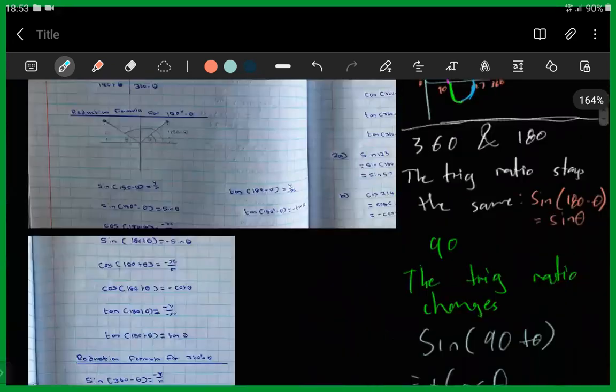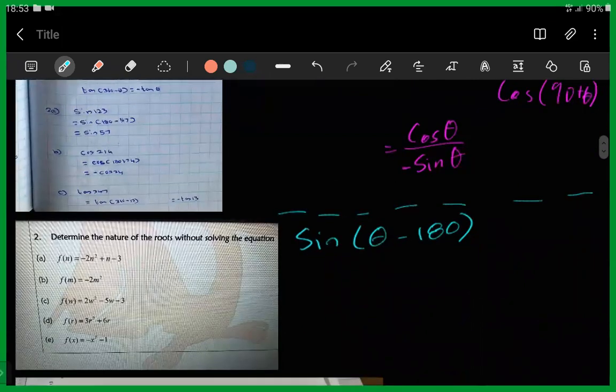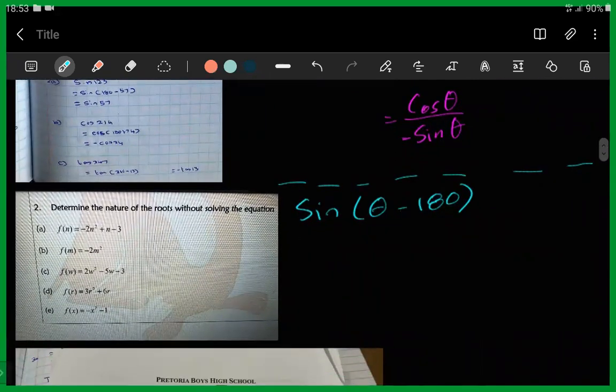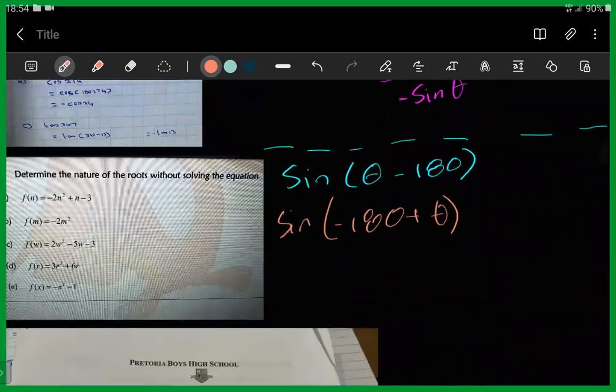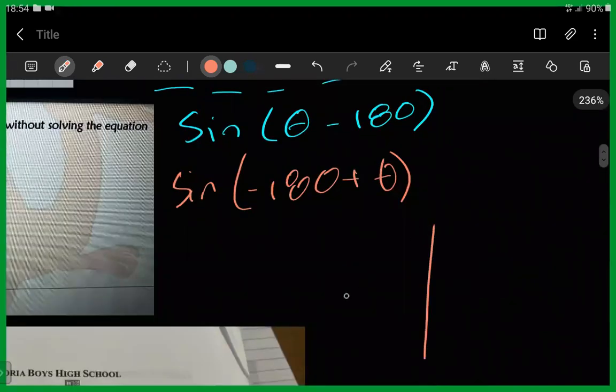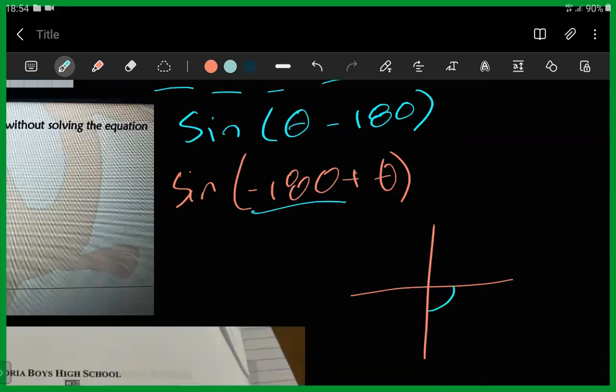So now when you're dealing with stuff like this, the first thing you have to do is swap around the theta and the 180, but swap them around with their signs in front of them. So this is a minus 180, this is a positive theta. So when you use the CAST diagram, remember if it's a minus, you go clockwise. So negative 180 tells you to go negative 180.